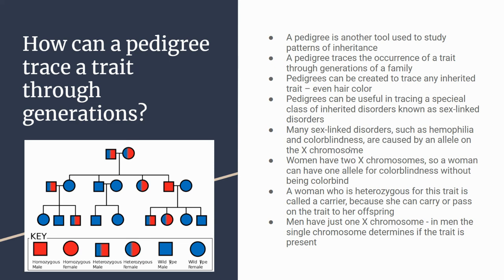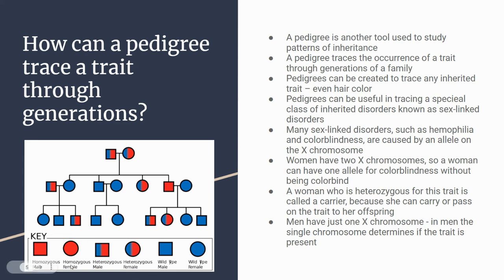Because the male only has one X chromosome, it's going to show color blindness because it doesn't have that second X chromosome to mask it. It has a Y chromosome. Does that make sense? So a woman who is heterozygous for this trait is called a carrier because she can carry or pass on the trait.